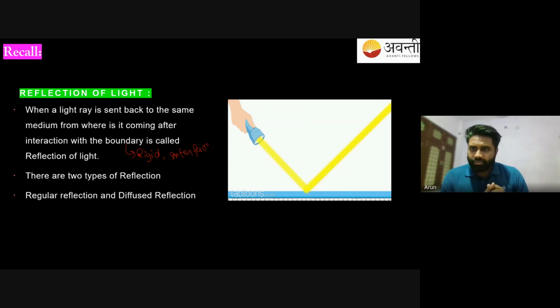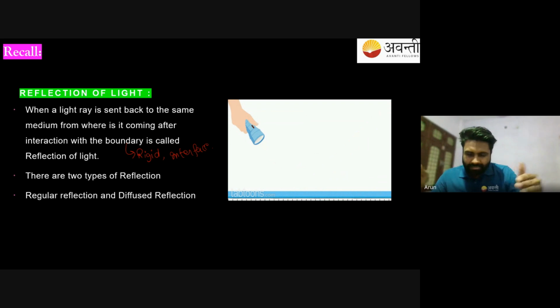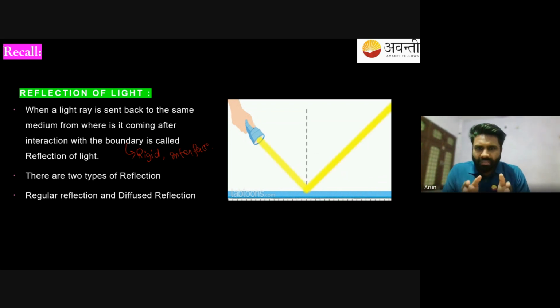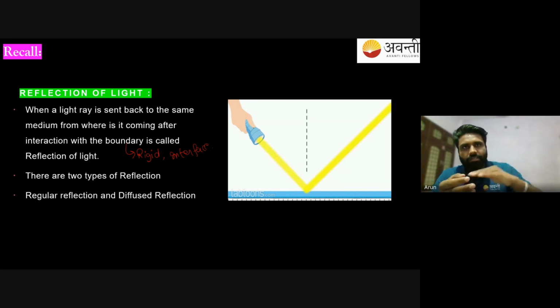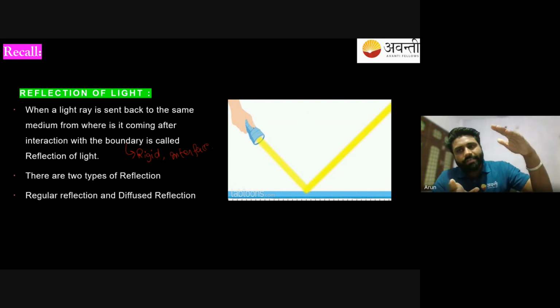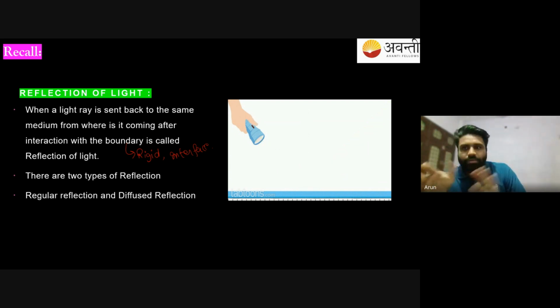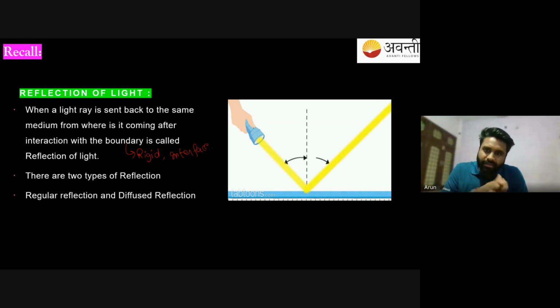And interface, you can say the interface between air and water. If there is a container having water and you strike light to it, it will interact with the interface only, because above the water is only air and below is only water. So there is only one thin film of air and water interaction.